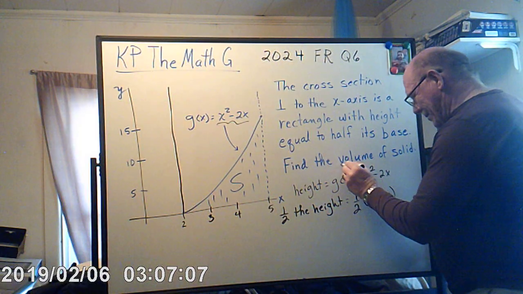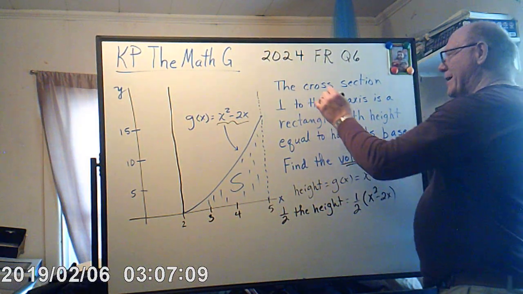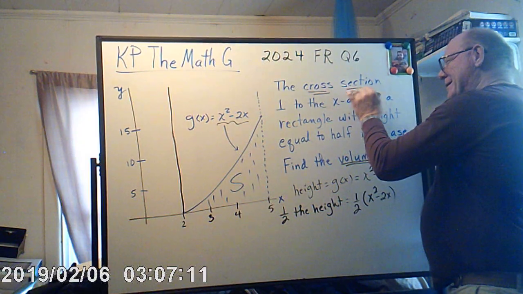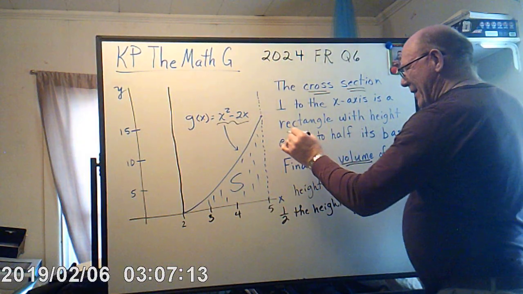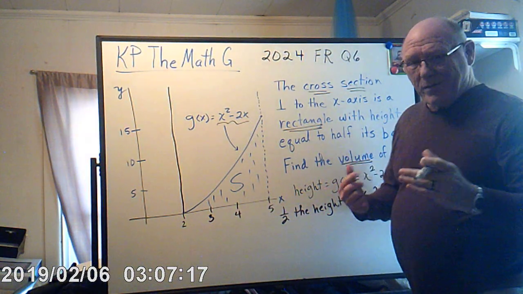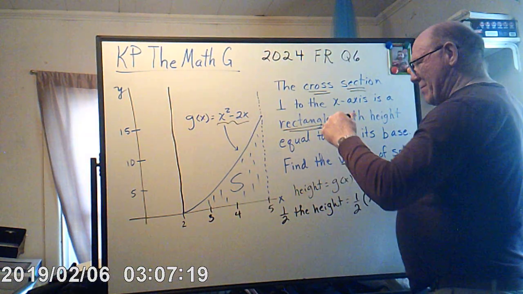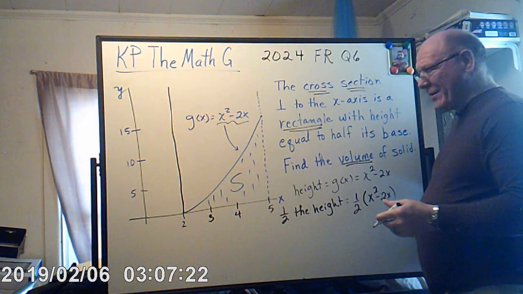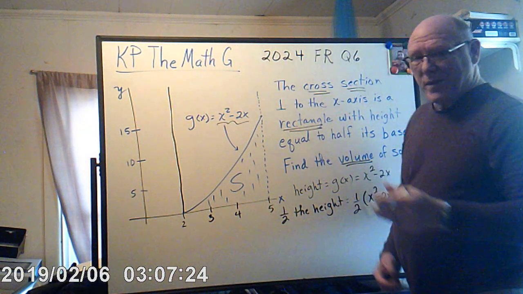Anytime you see a cross section, you've got to figure out what it is. It's a rectangle, and a rectangle is length times width. If it had been something else, you would have to use that formula for that.